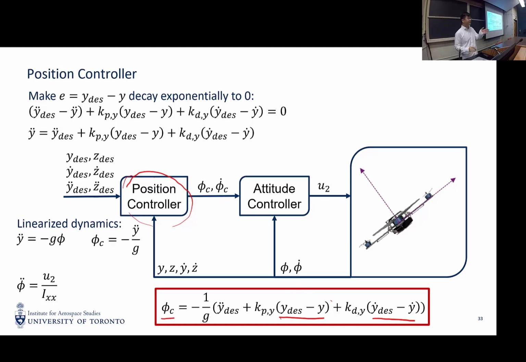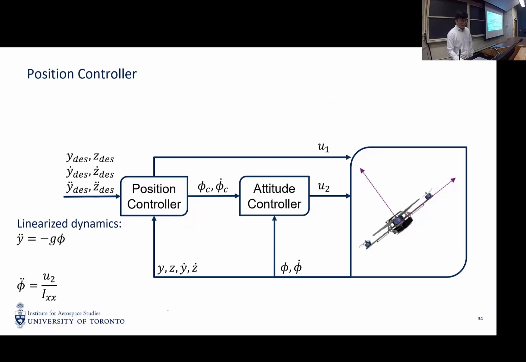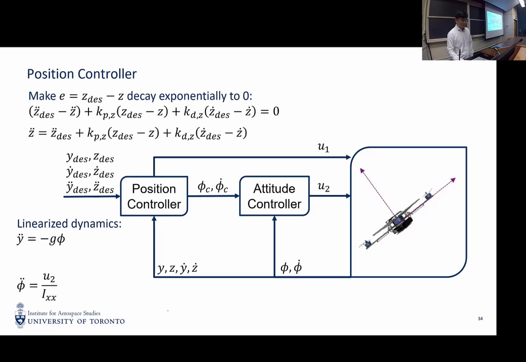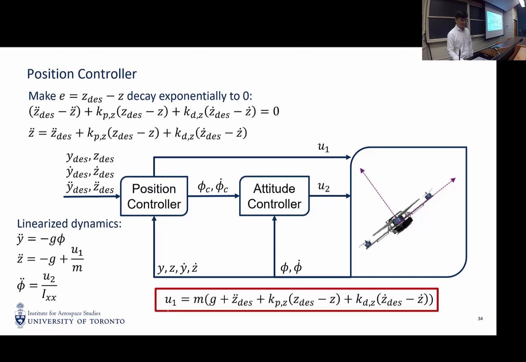Basically, if there is an error between our desired position and the actual position, we want the drone to tilt accordingly by using a PD type controller. Similarly for Z, in our simplified case, we can use our lift to control the Z motion because the tilt angle here is small.